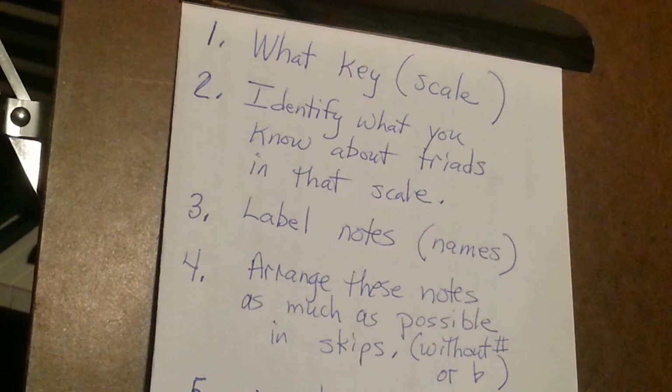I need to give you some of those same kind of pointers so that you understand how to do a score analysis. So I just jotted down a few things. These are things that I think about when I look at a musical score.